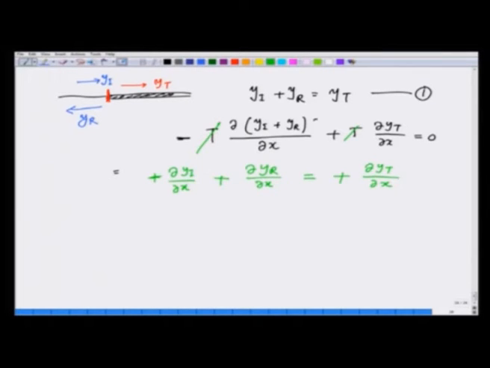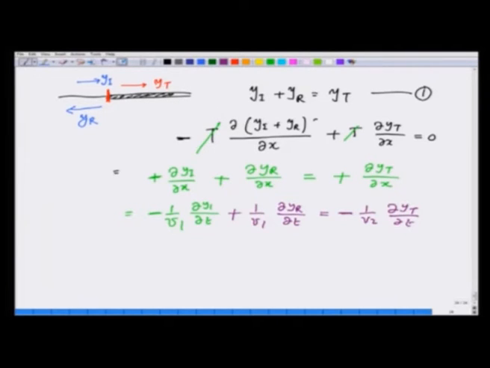Incident wave is coming from left to right, and therefore, this is minus 1 over v1 dy_I by dt. The reflected ray goes to the left, therefore, this is plus 1 over v1 dy_r over dt, and this should be equal to minus 1 over v2 dy transmitted over dt.